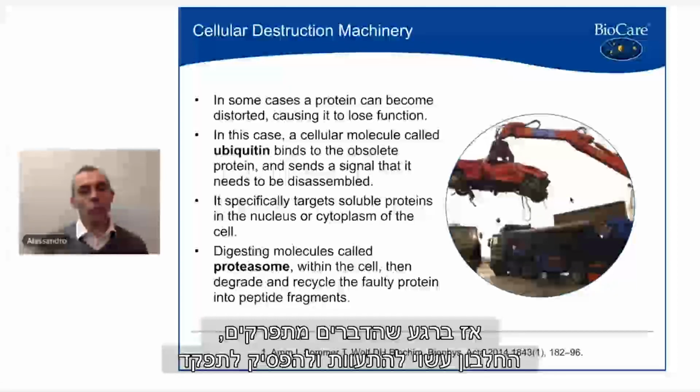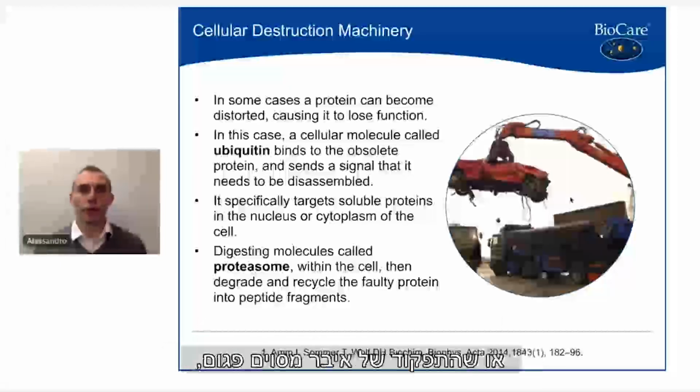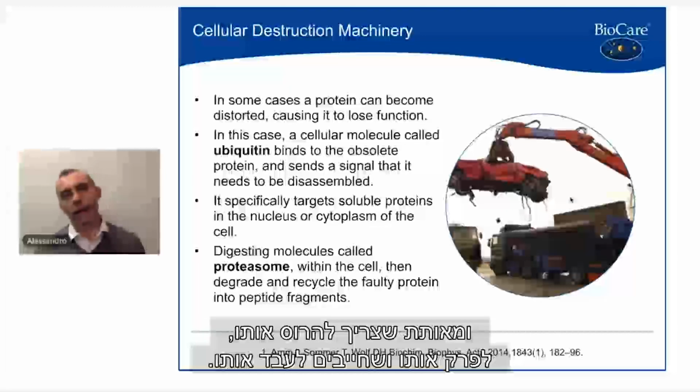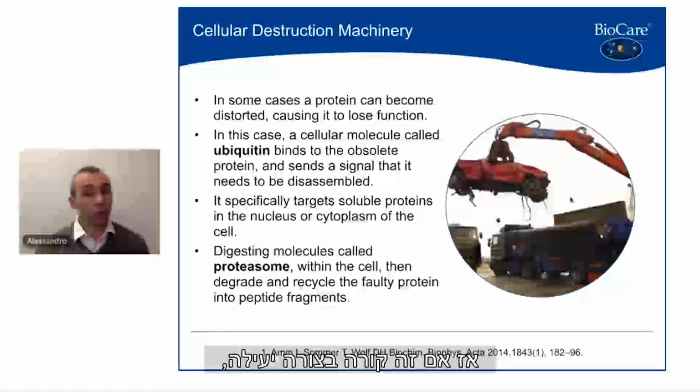Once things have broken down, protein can become distorted, causing loss of function, or the function in a certain organ is not carried out correctly. In these scenarios, the cellular molecule called ubiquitin binds to obsolete protein, in a way signaling that these have to be dismantled or disassembled and processed.